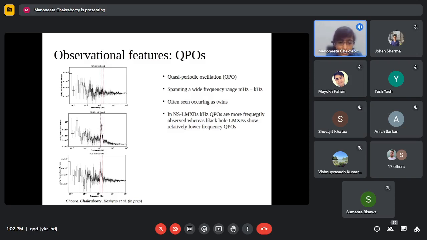This peaked structure corresponding to a particular frequency means that there is some oscillatory behavior that this particular source is showing at this particular frequency. And these are known as QPOs. And why quasi? Because as you can see, this is not one single frequency, but this is spanning a slight range of frequencies. And these are known as quasi-periodic oscillations.